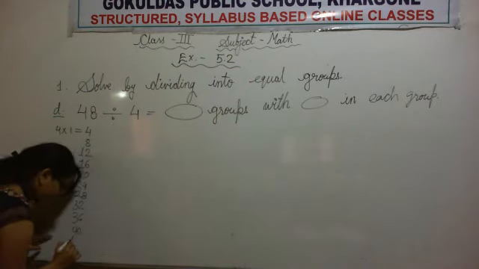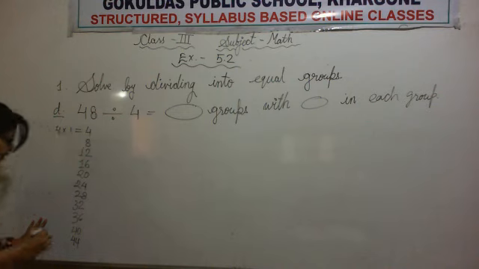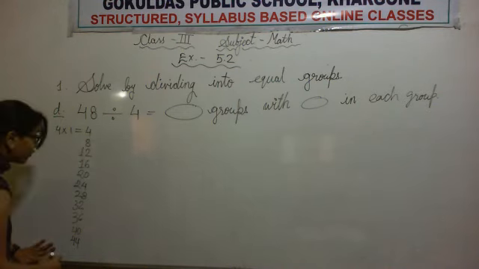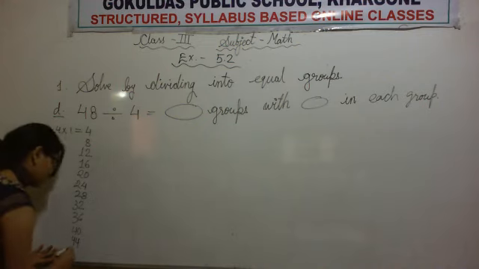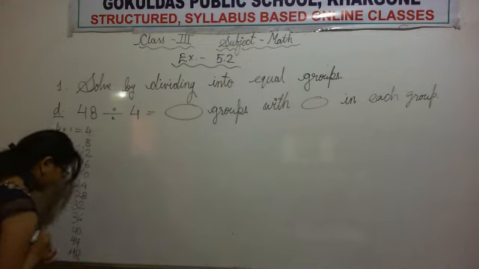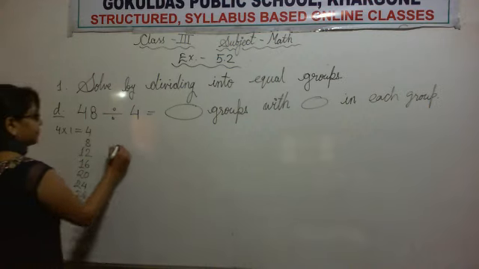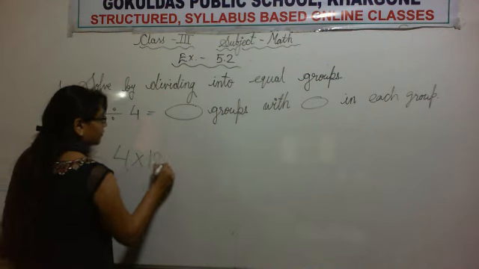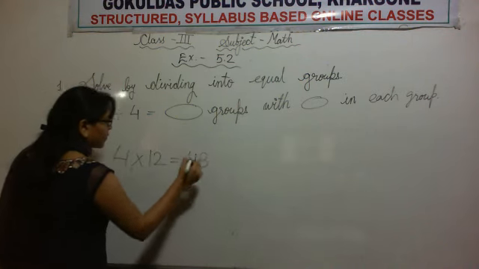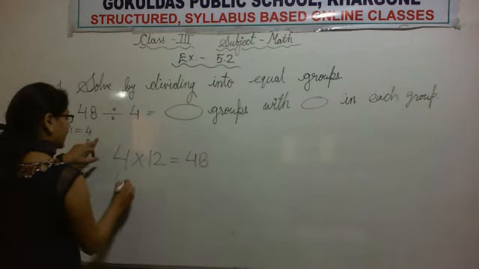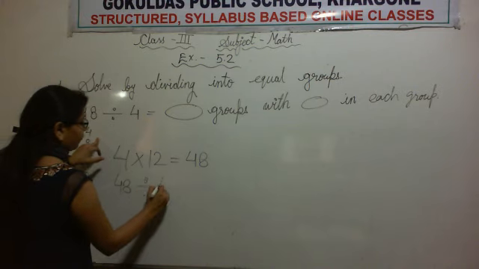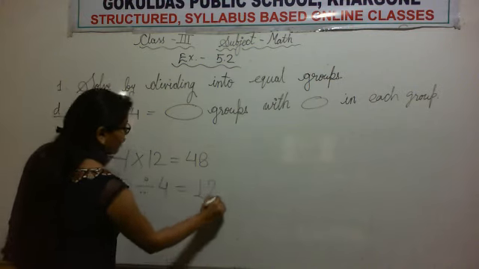So 4 into 11 is 44, and 4 into 12 is 48. 12 4s or 4 12s is 48. So 48 divided by 4 is equals to 12.